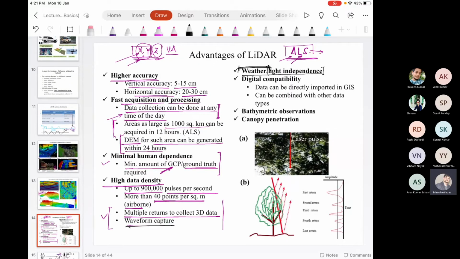we avoid performing laser scanning in rainy season. Can any one of you justify it? Why do we not perform laser scanning in rainy season?